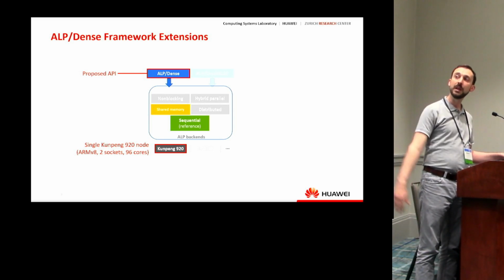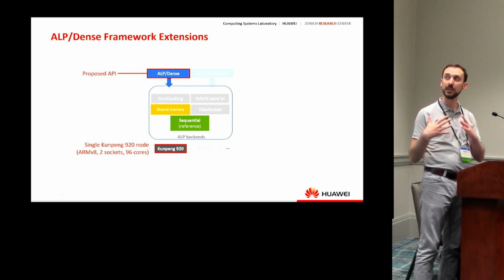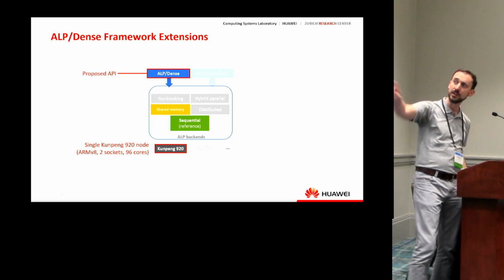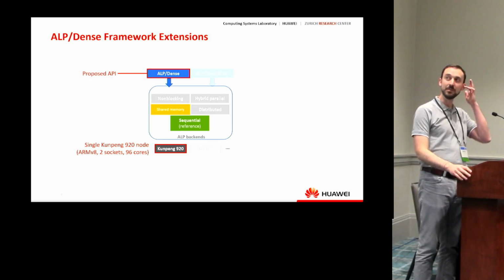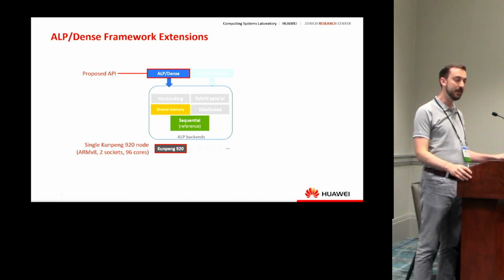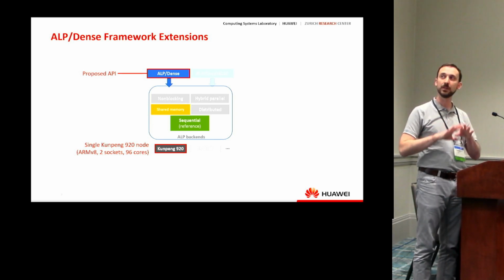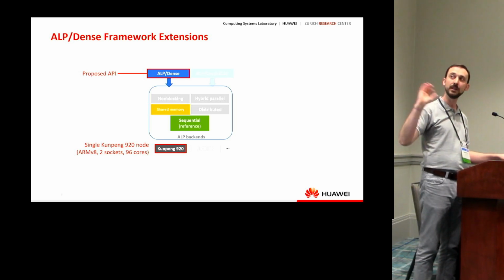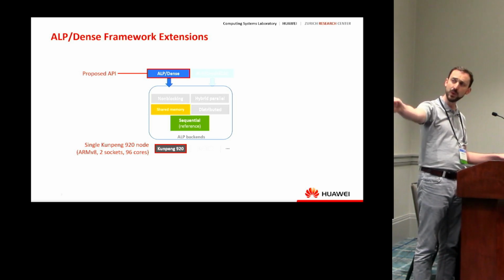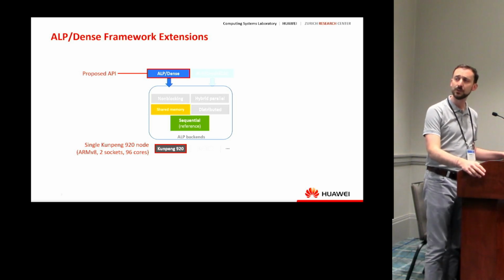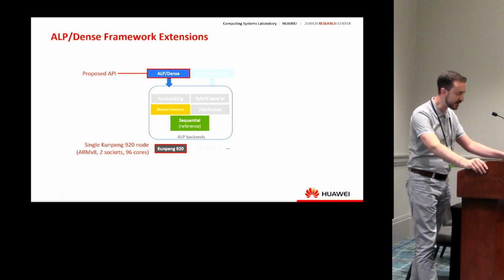The proposed API is ALP dense, so it's not really GraphBLAS, which is not visible here. It's still available in my slide, though, on the right, just a little bit more transparent, but it would be a separate thing. It's still algebraic programming, but it is not currently a GraphBLAS extension. And we are targeting a Kunpeng 920, from the HiSilicon department.